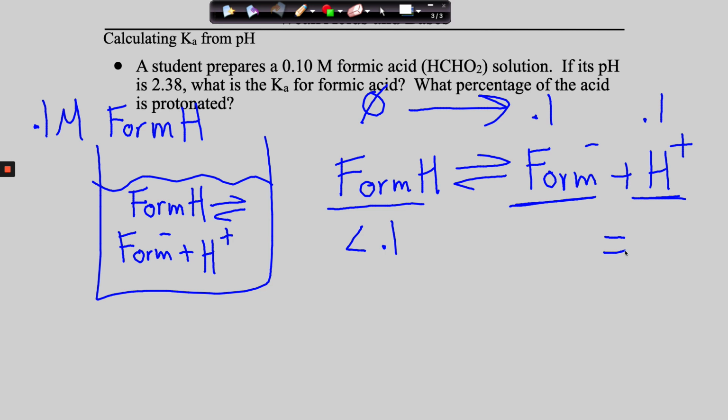Now imagine this. Imagine that we could measure the concentration of hydrogen ion. And let's just say it's some X. Then what would the concentration of this be? Also X. And what would the concentration of this be? 0.1 minus X.